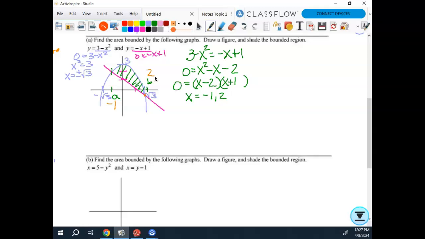Anything? All right, so we're going to take the integral from negative 1 to 2 of the top, which function is the top? 3 minus x squared minus the bottom, which is more than one term, so it goes in parentheses, dx.